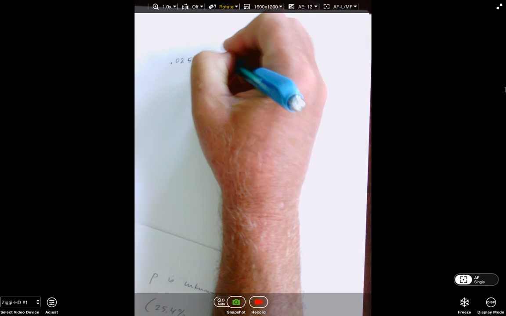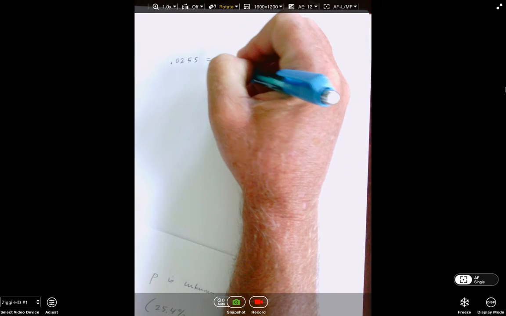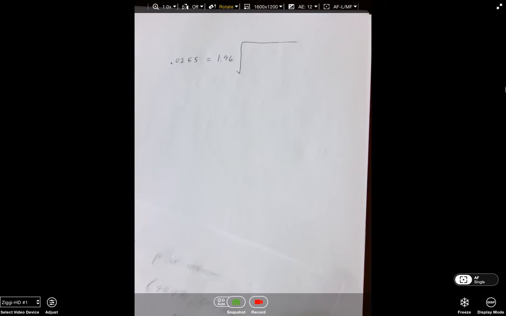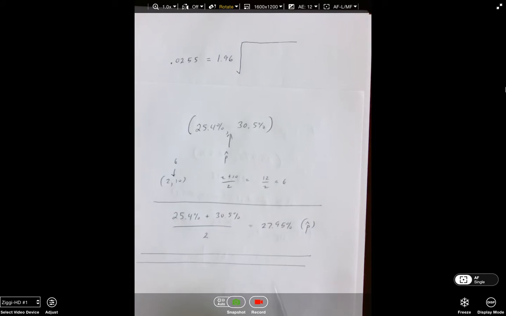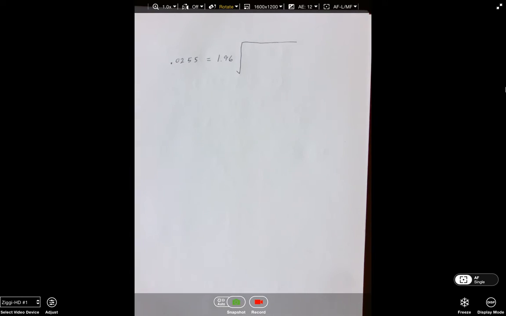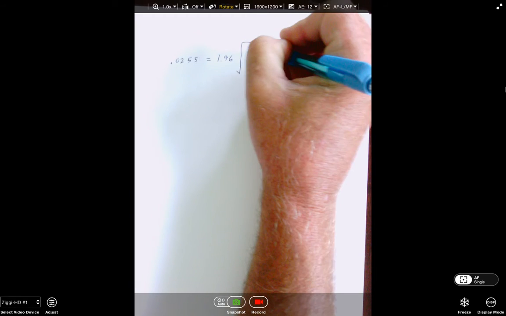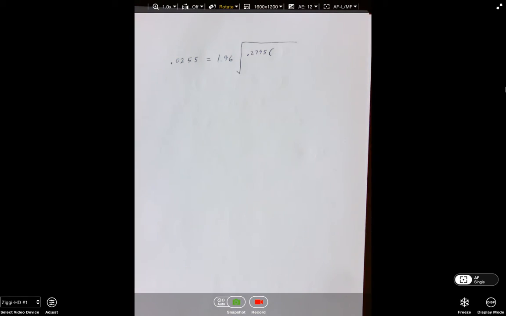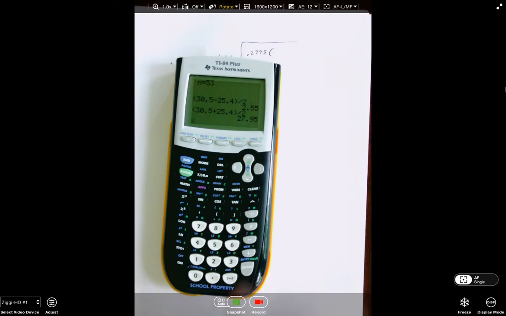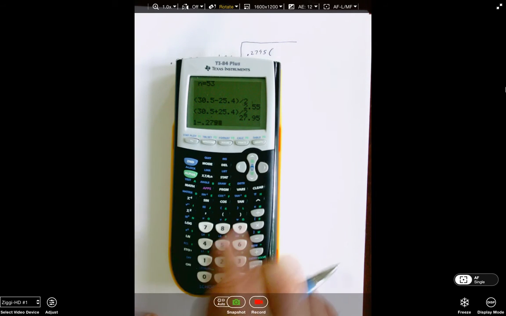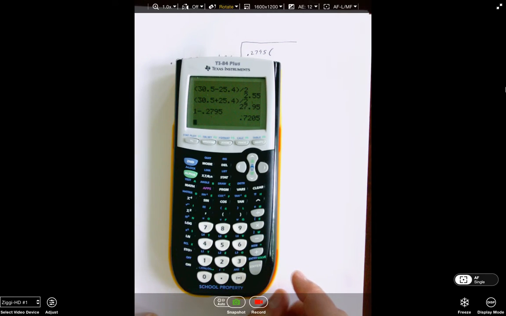I know that the Z critical value for a 95% confidence interval is 1.96. I now know over here that my p hat is 0.2795. What's 1 minus 0.2795? Well, let's use our calculator. It's 0.7205.